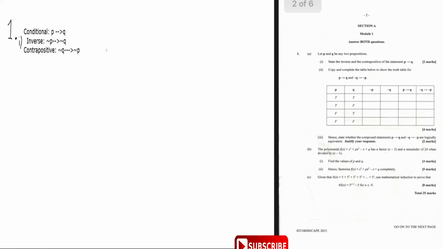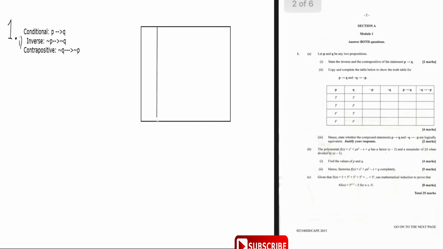So first let's complete the table. Let's put the table here. We have our two propositions, P and Q. Then we have not P in this column.